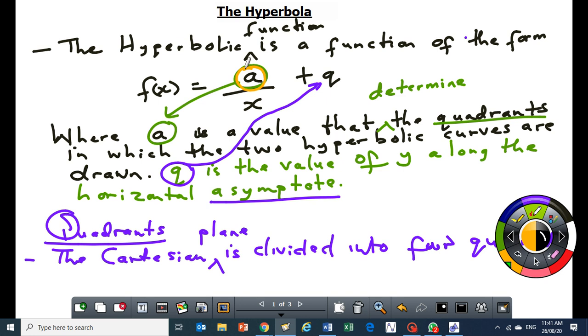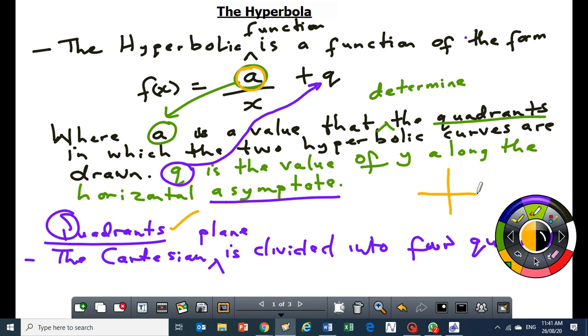Now your Cartesian plane can be divided into four equal parts. So when you draw your y-axis and your x-axis, the area inside those two can be divided into four equal parts. And each part has got a number that is given to it.